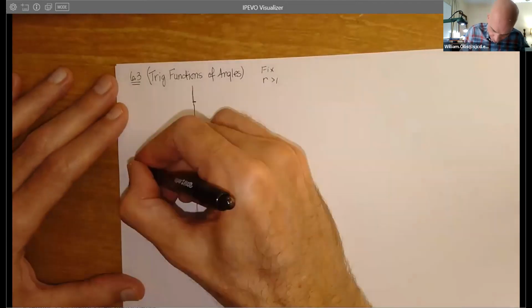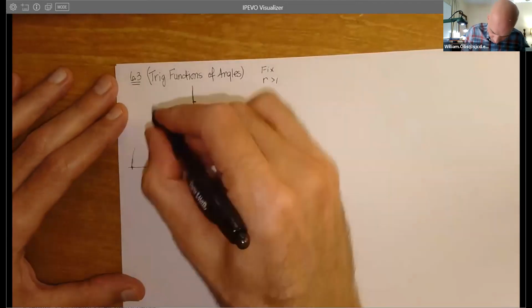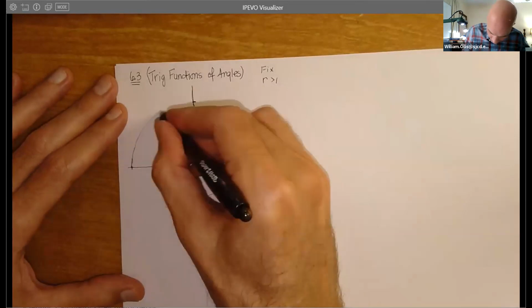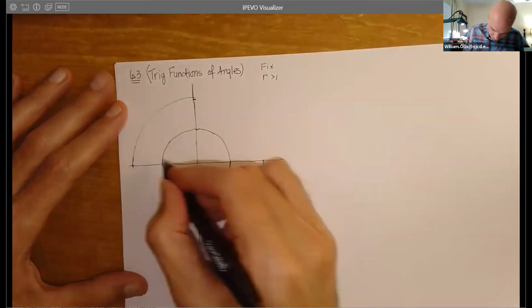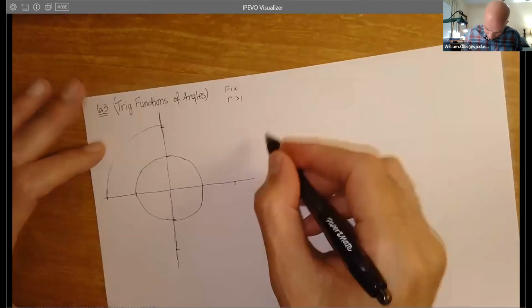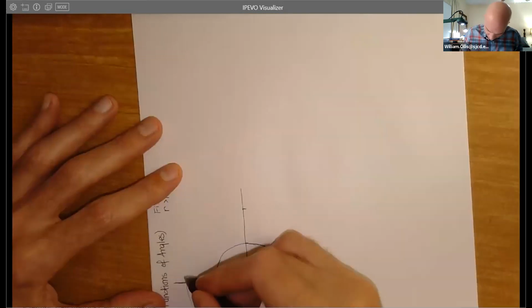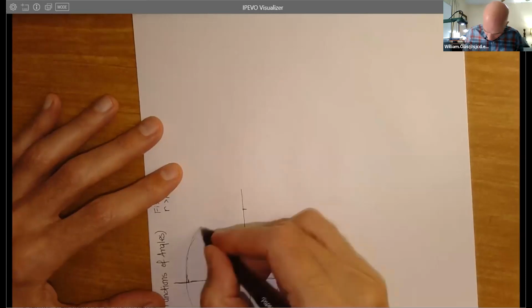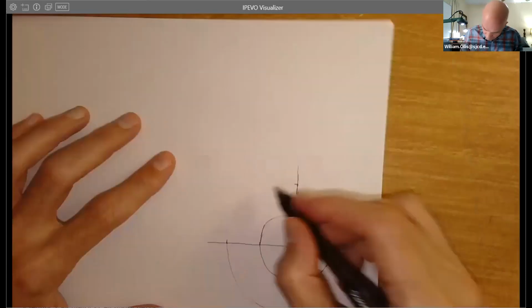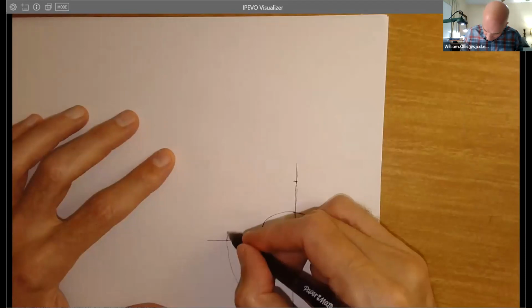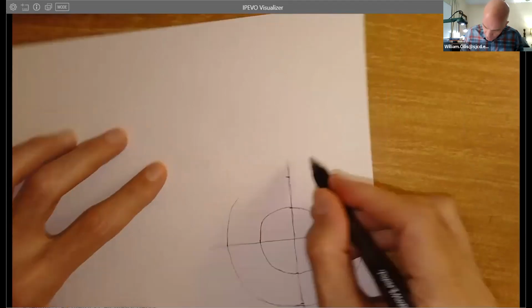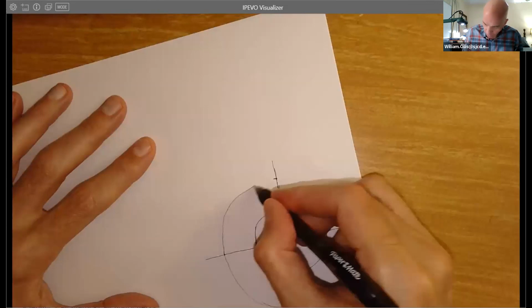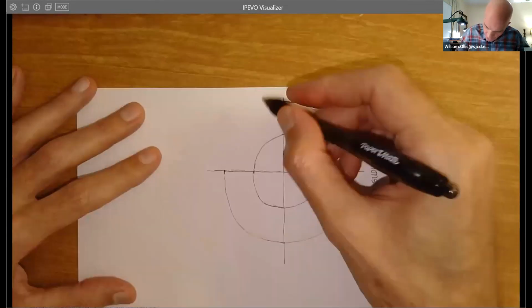So draw that. Of course, we could take a smaller one. It won't matter, smaller or larger. I'll just do the larger so it's easier for you to see.